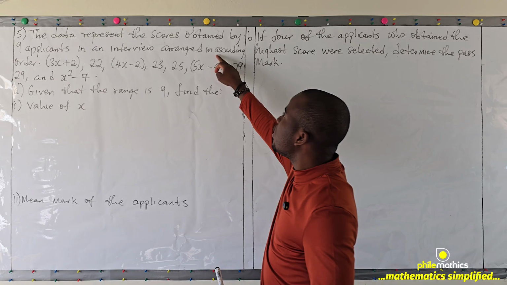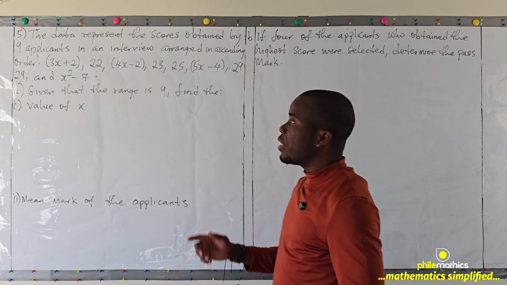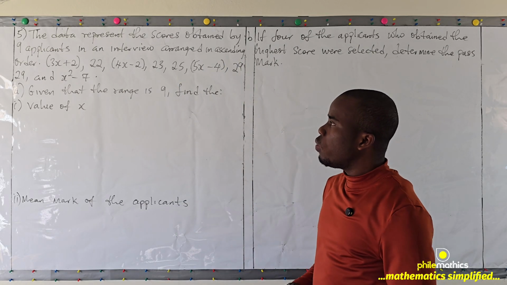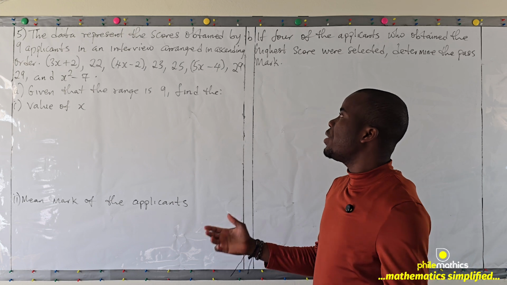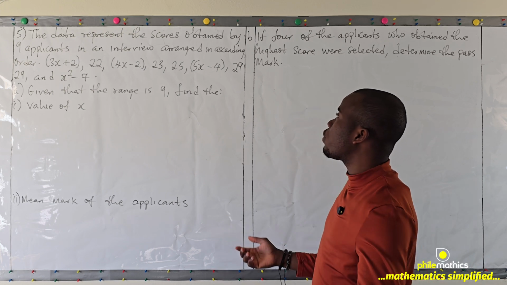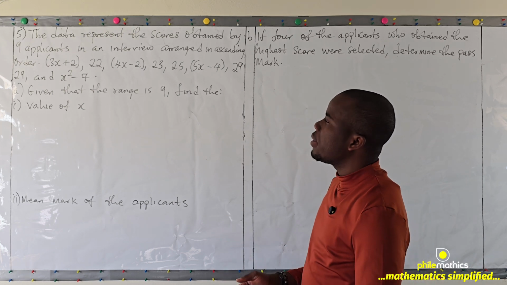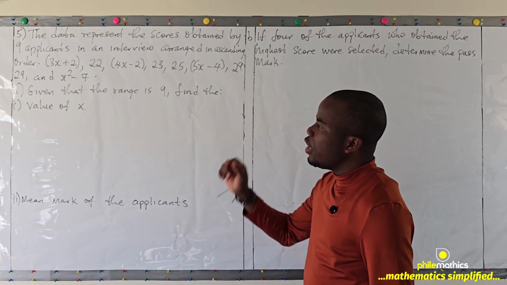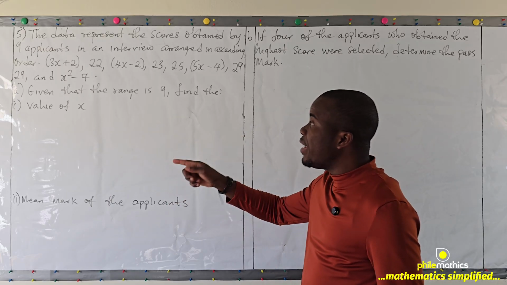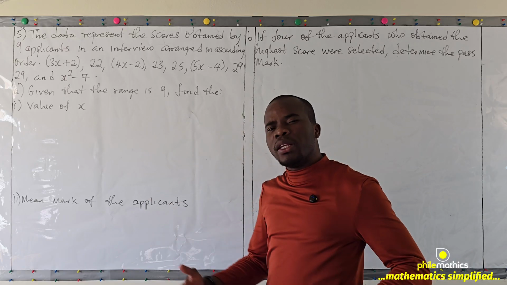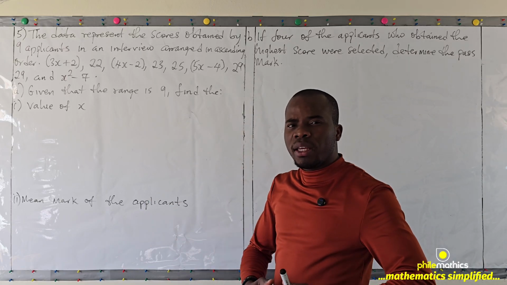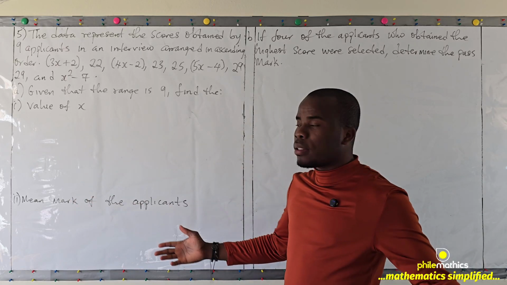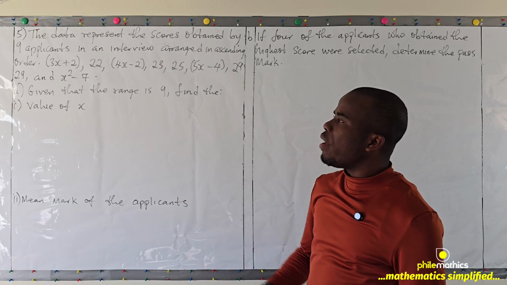You have to take note of this, ascending order. 3x plus 2, 22, 4x minus 2, 23, 25, 5x minus 4, 29, 29, and x squared minus 7. If you are given that the range is 9, what do we mean by range? The difference between the highest and the lowest. Find the value of x.